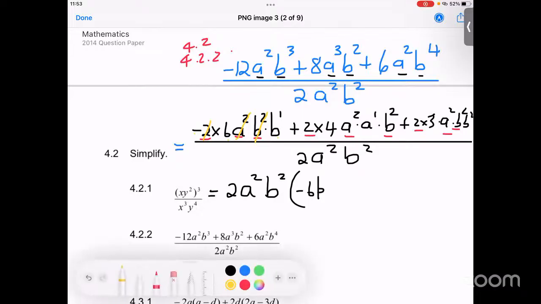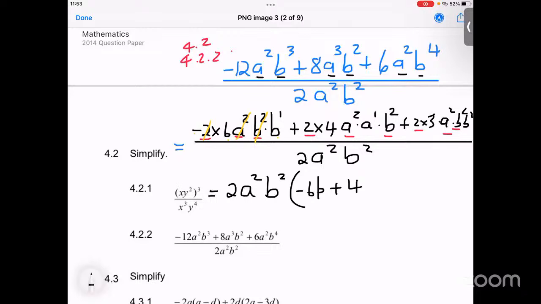That's what I did there. And then there I will remain with positive 4a. Yes, positive 4a, because the 2 is taken out as a common factor, a squared, and then b squared. So I'm just remaining with that 4a. Yes. And then there I will say 2 taken out, b squared taken out, b squared taken out.